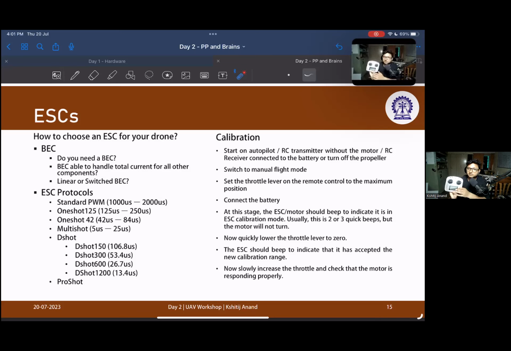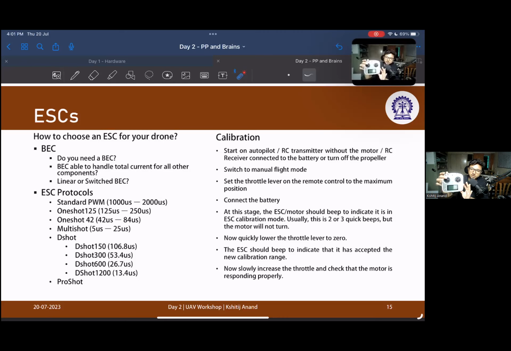So this is an RC transmitter. This channel is mostly used for sending throttle signals. You switch on the transmitter, take this to high, then switch on your ESC and connect your motor. The motor will beep. The motor will not run; don't worry, it will not start spinning at full throttle.